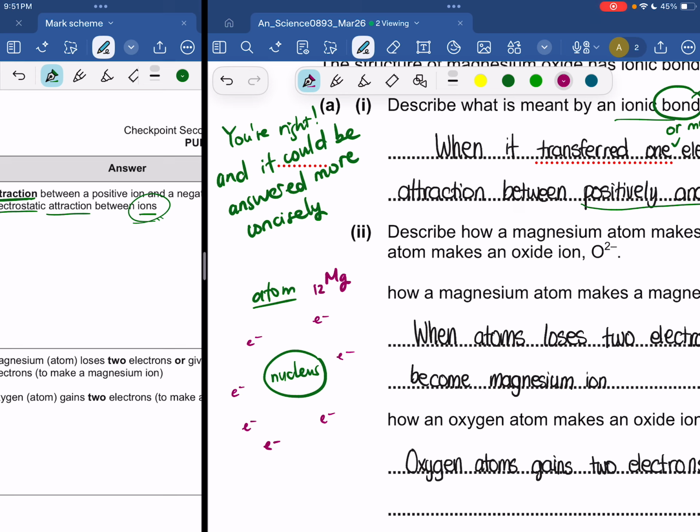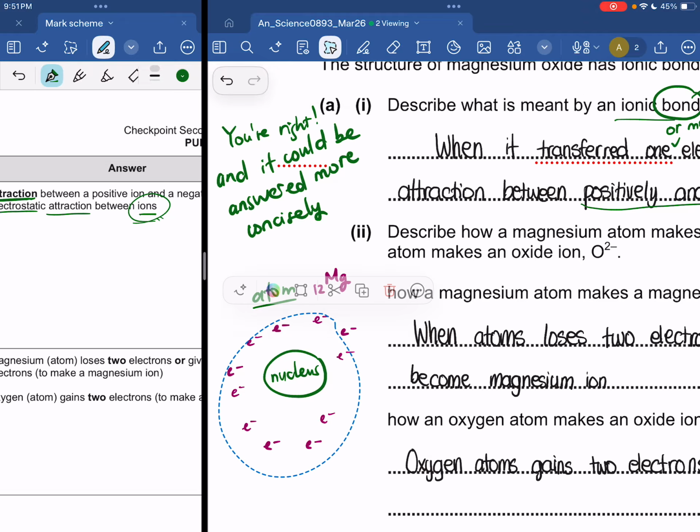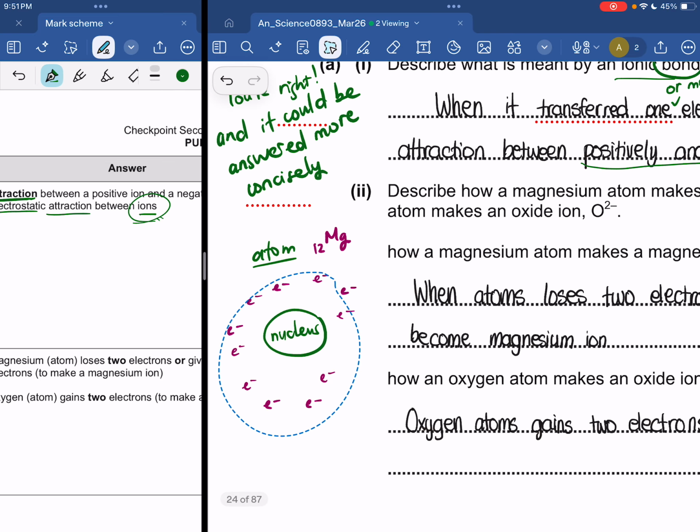So we have 8 now, 9, 10, 11, and 12. Okay, you can see there's a lot of them, and they are arranged in some order, like the first electrons in the innermost shell, and then others, but that's not the focus right now.